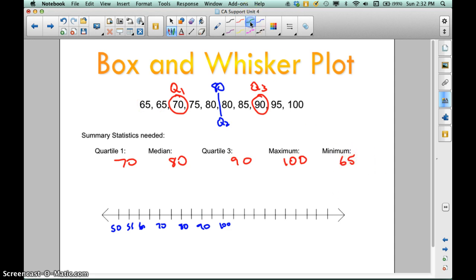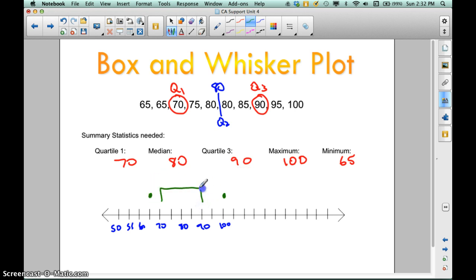All right, so to draw our box and whisker plot, we're going to make a dot at our maximum and our minimum. The maximum is 100. We're going to go above our line, not on it. The minimum is 65. Now, our box is quartile 1 and quartile 3, the bottom of the box and the top of the box. So I have 70 for the bottom of the box, 90 for the top of the box.